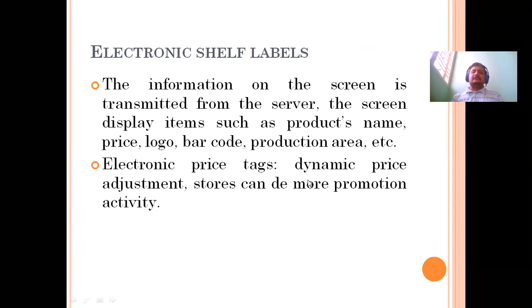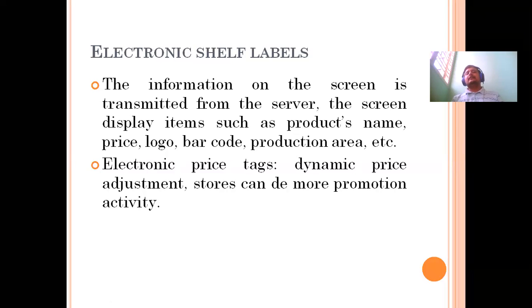And yes, let us look at the last topic, which is the information on the screen. Yes, so most of the shelf labels that we are going to put will read the amount for that particular date, then the quantity, so and so number of products available over there, even the logo, barcode, then the production area, marketed by somebody.